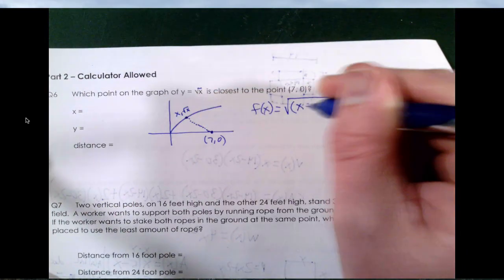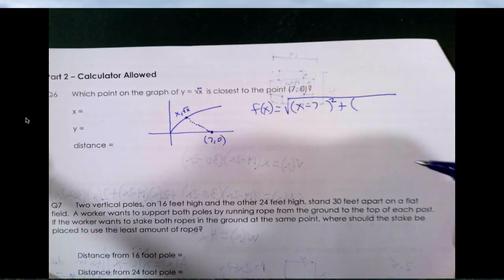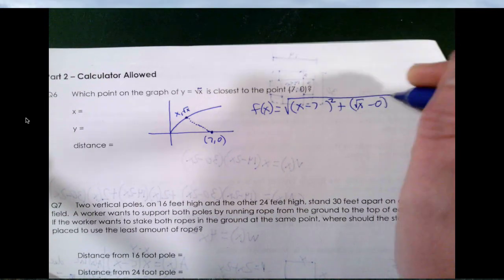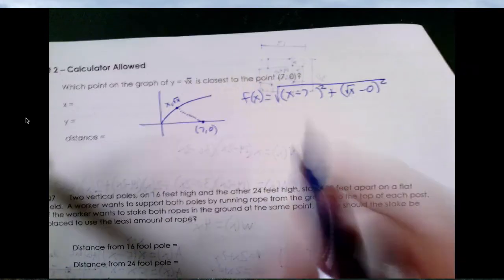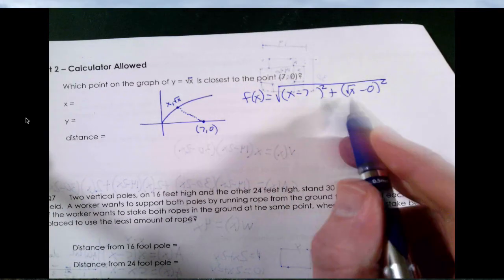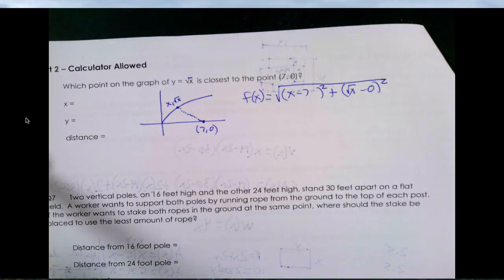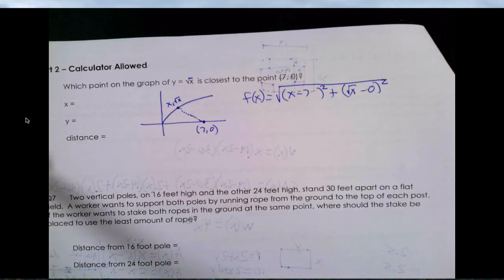So let's just do x minus 7 squared plus, and then we have the y values, radical x minus 0 squared. Okay, and that's our distance formula. It's the distance between the x's squared plus the distance between the y's squared and square root the whole thing. So it's essentially Pythagorean theorem. So that right there is the formula. Okay, so there's our optimized formula.